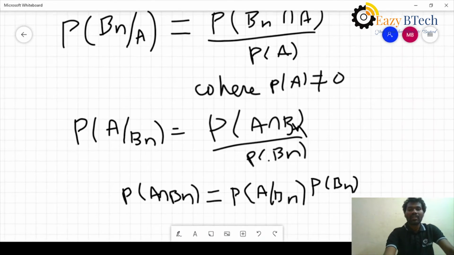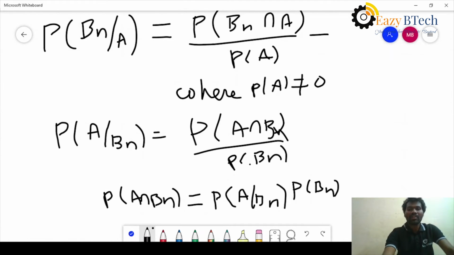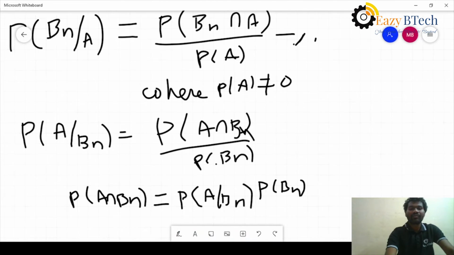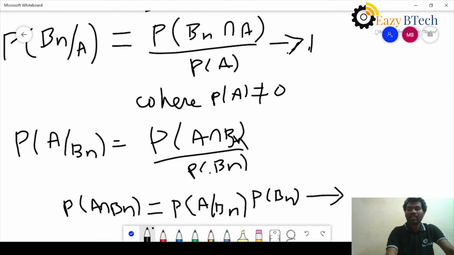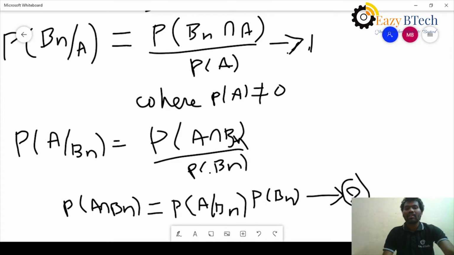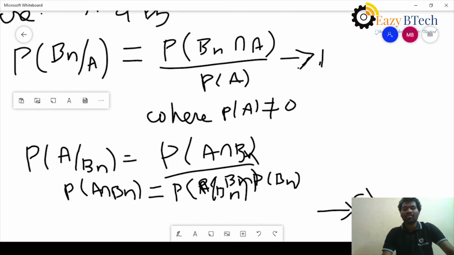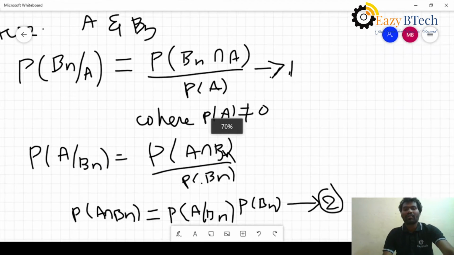Let us assume the first as equation 1 and this as equation 2. Substitute equation 2 in equation 1.